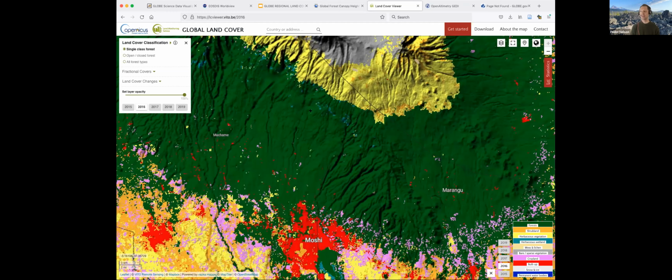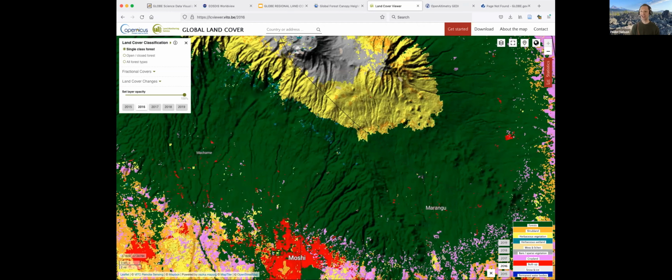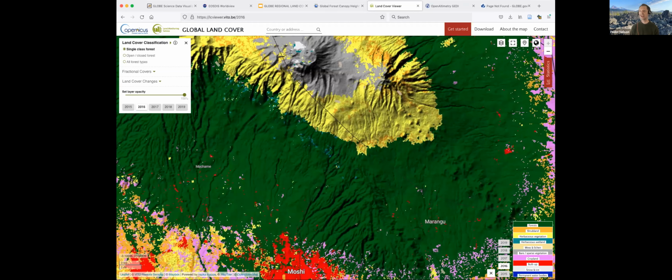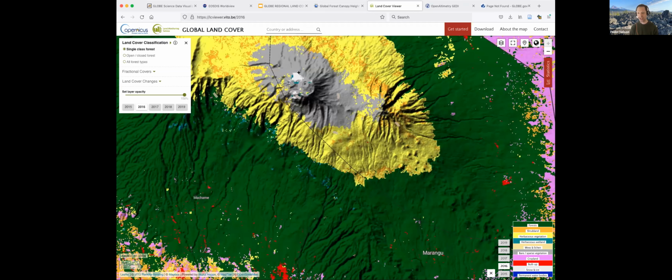Has this forest line changed? Has it gone up over the last couple of years? One of the things that really comes out to me is this glacier at the top. How has that changed even just in the last couple of years since we were there?